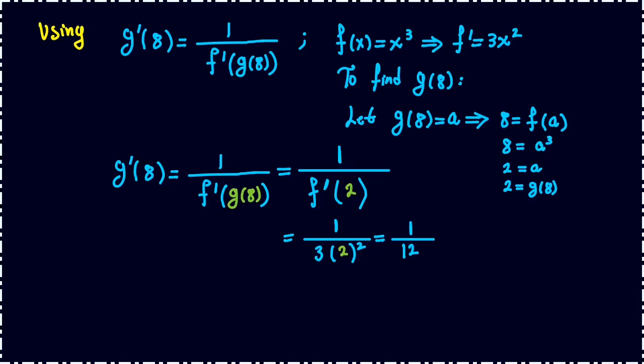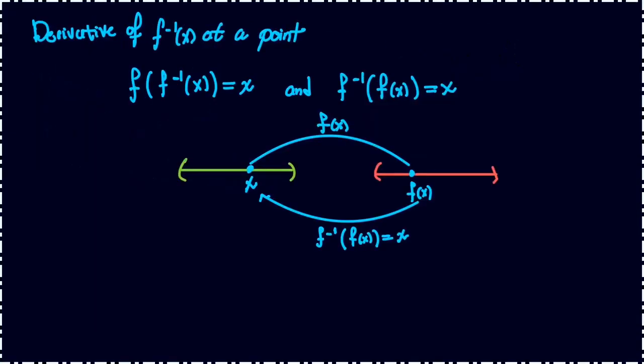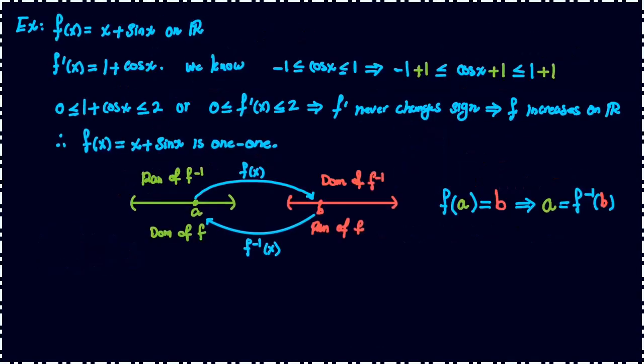But again, the deal with the direct method is that in most cases, we are unable to solve for the inverse function algebraically. Once again, our earlier example, f of x equal to x plus sine x, is a function whose inverse, I'm not even sure we could find.